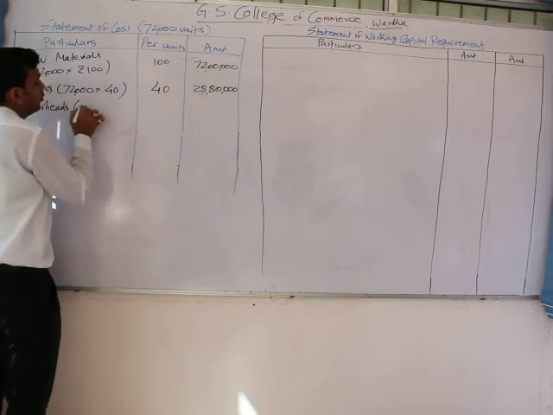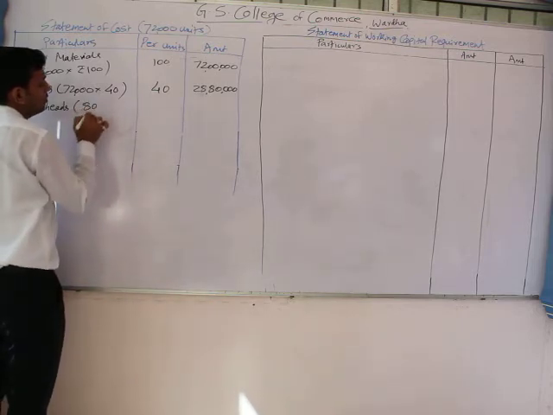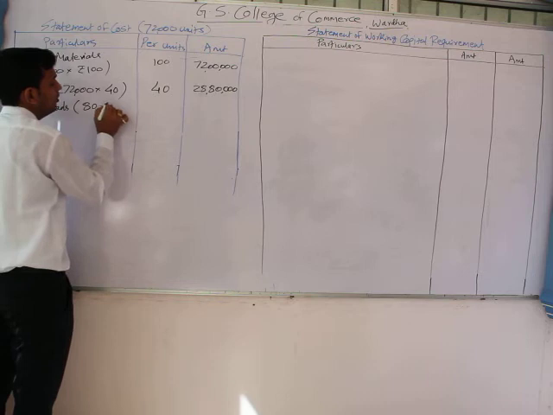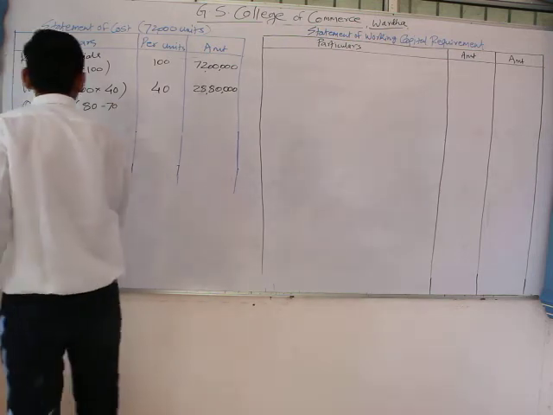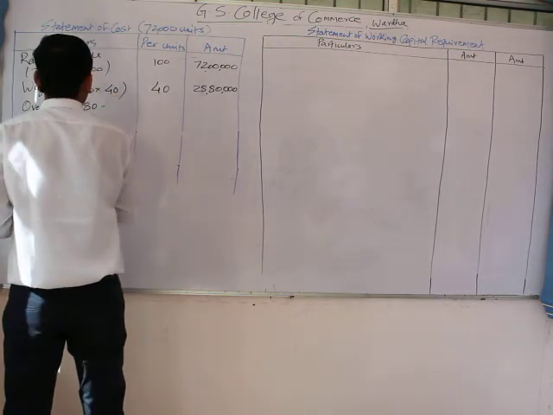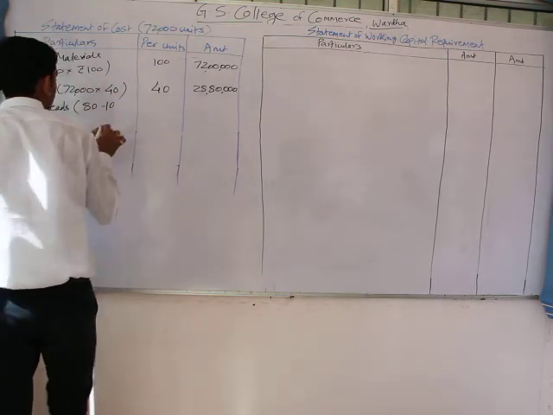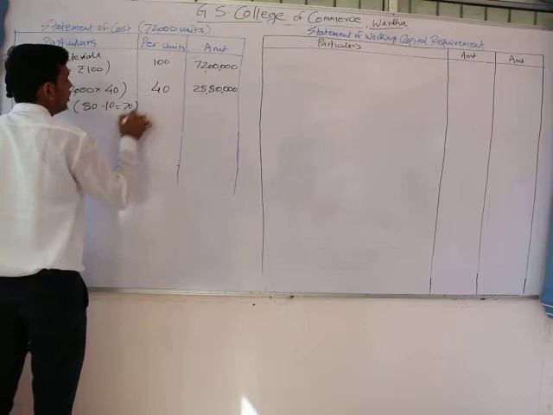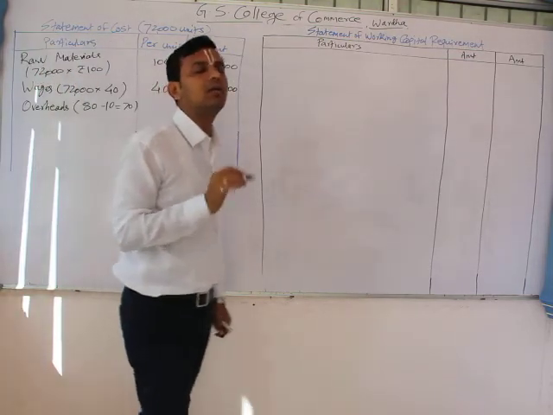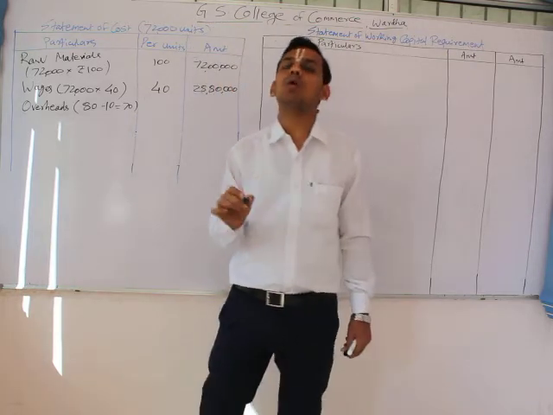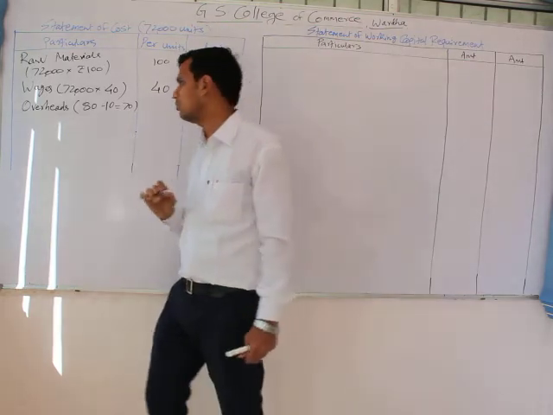The third thing is the overheads. Total overheads amount to rupees 80 per unit, minus depreciation of rupees 10 per unit. Hence we deduct it and get our actual overhead, as depreciation should not be considered at any point part of the overhead or production expenses.